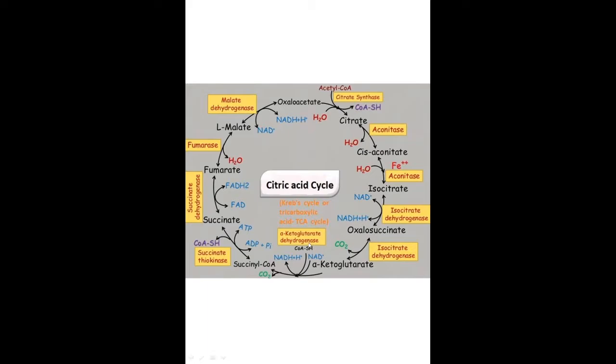So the energy of this reaction converts NAD to NADH and ADP to ATP. Importantly, this reaction is the only example of substrate level phosphorylation in Krebs cycle.